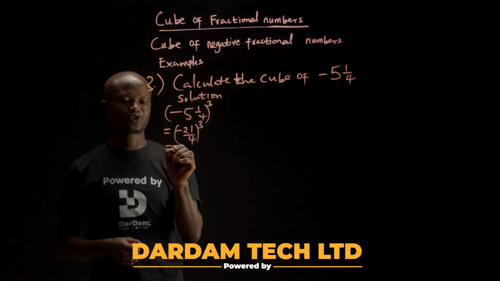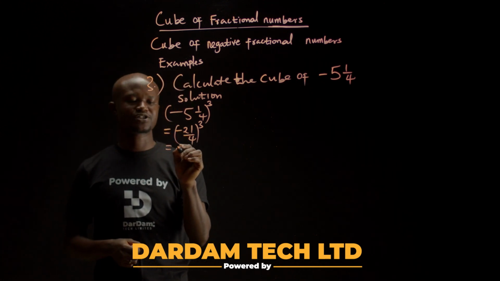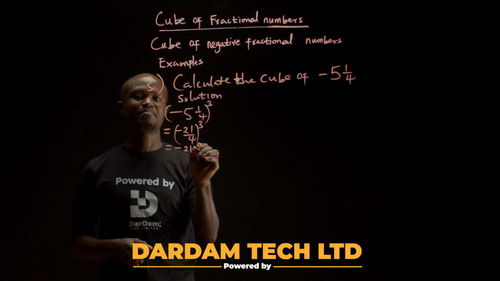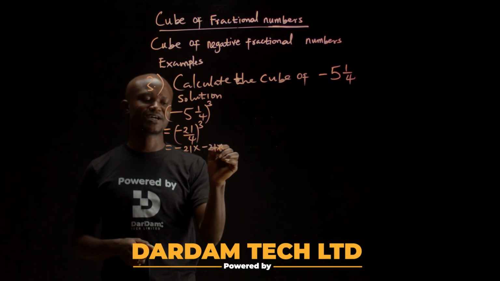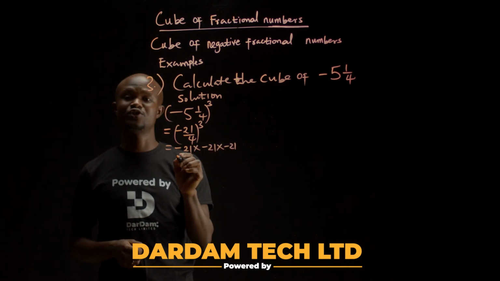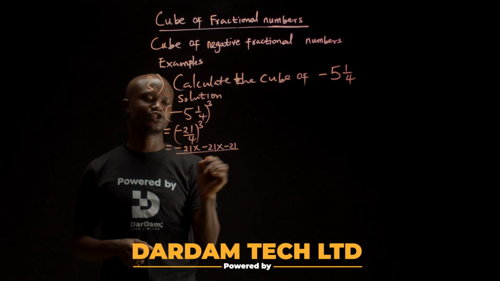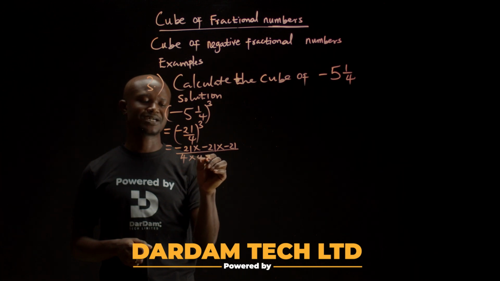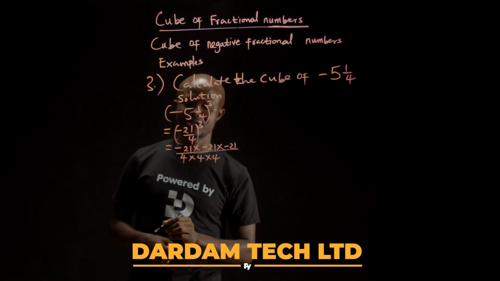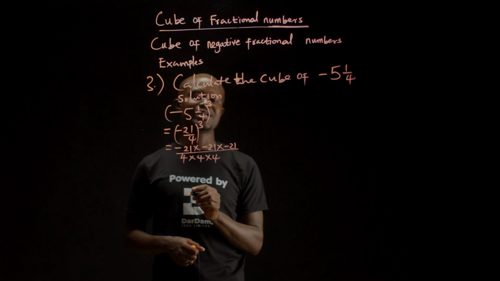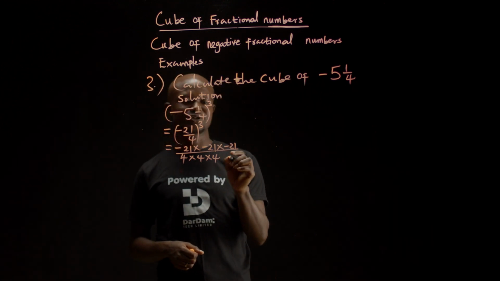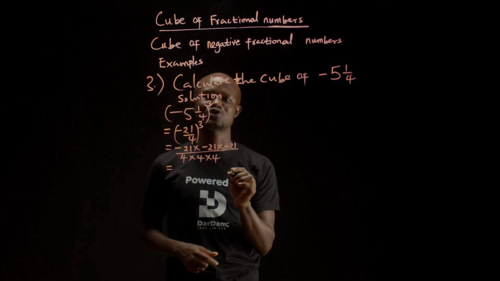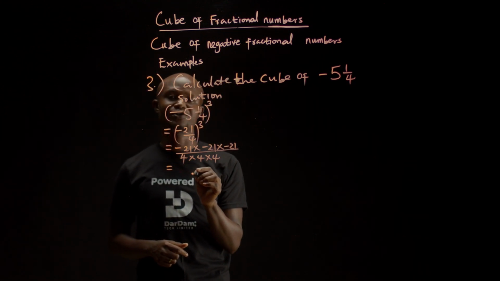Now we can write this as minus 21 times minus 21 times minus 21 for the numerator. Then for the denominator, we have 4 times 4 times 4. 21 times 21 will give us 441.